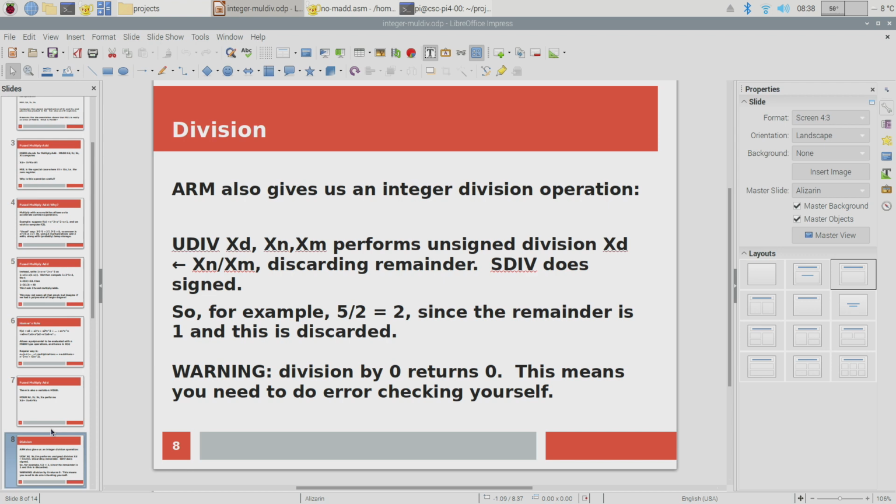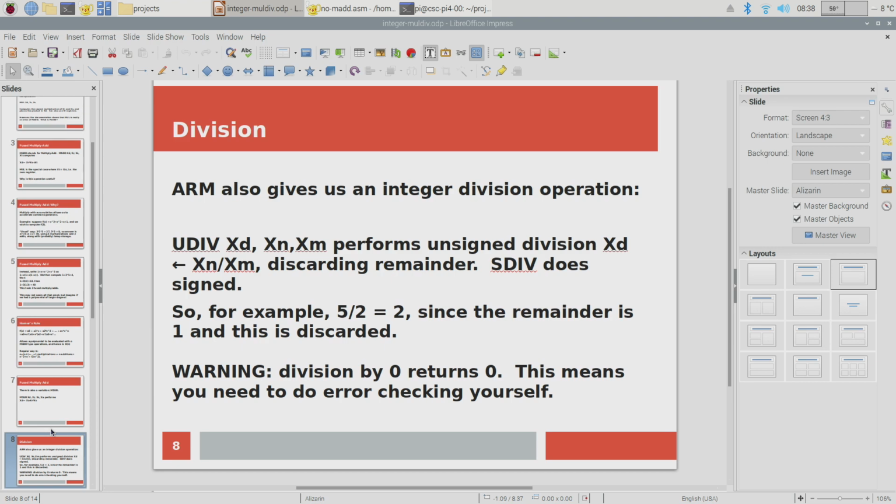Yeah, okay. So let me rephrase here. There is no built-in error checking in the hardware for dividing by zero. If you want error checking to prevent the user from doing that, you have to program it. It's not built in.